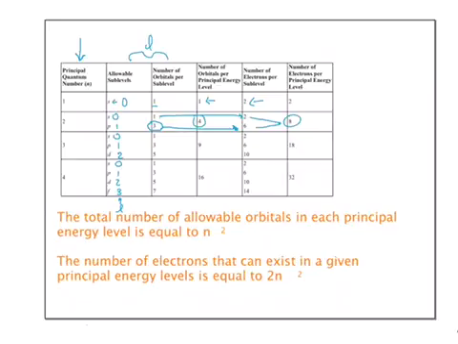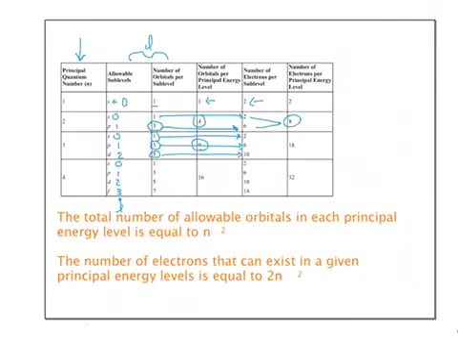Looking at our third energy level, we can see that there's 9 possible orbitals, from the 5 from the D, 3 from the P, so 5 and 3 is 8, plus the 1 from the S gives us 9. And each of these can hold 2 electrons. 3 times 2 is 6, 5 times 2 is 10.